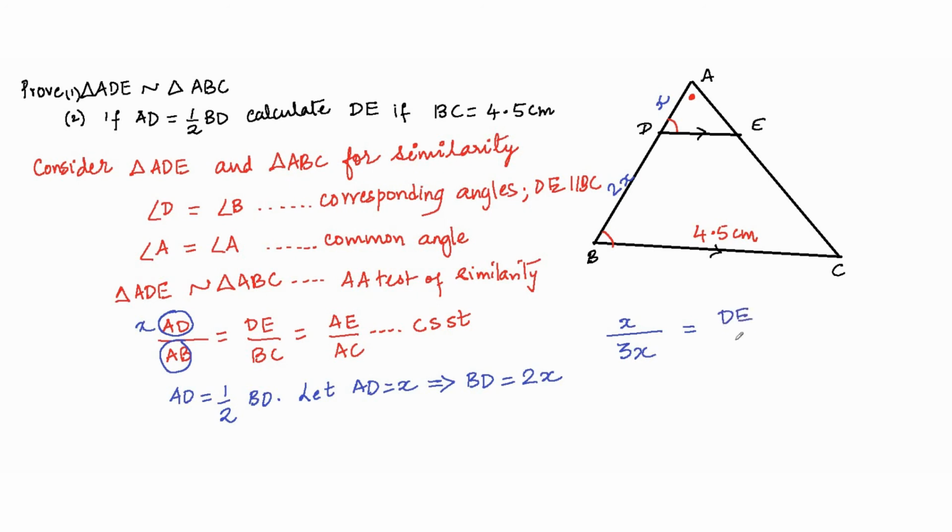So DE divided by BC is 4.5. Therefore, 1 by 3 is equal to DE divided by 4.5, which means DE is equal to 1/3 of 4.5, which is 1.5 centimeters. So this is how I can use the concept of similarity to find the unknown side.